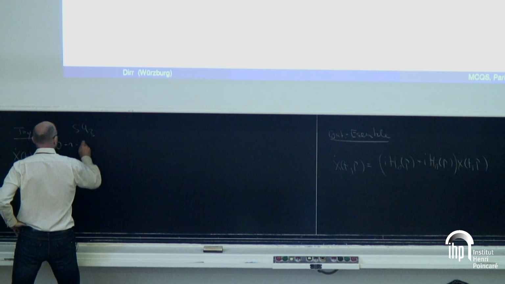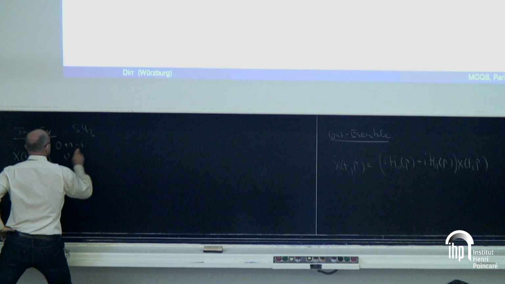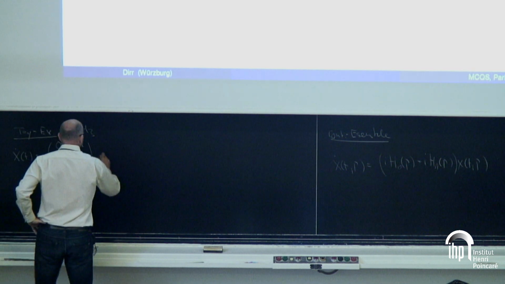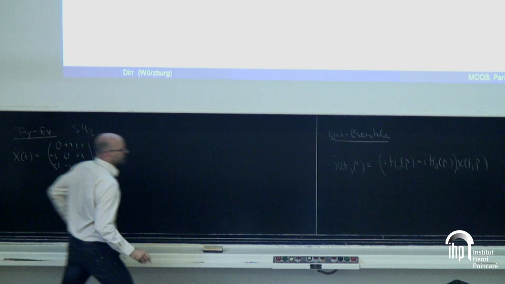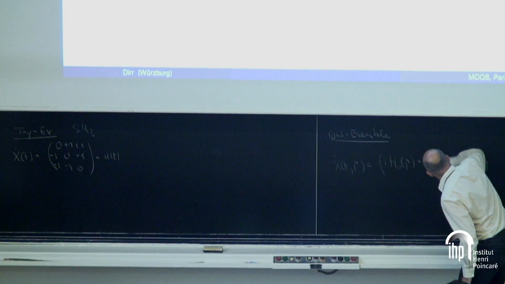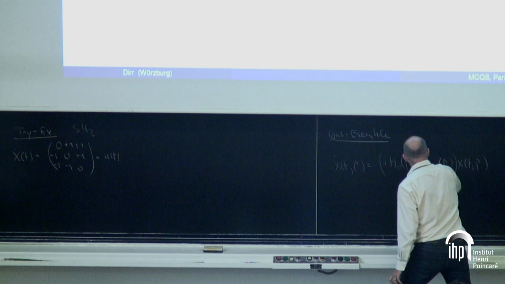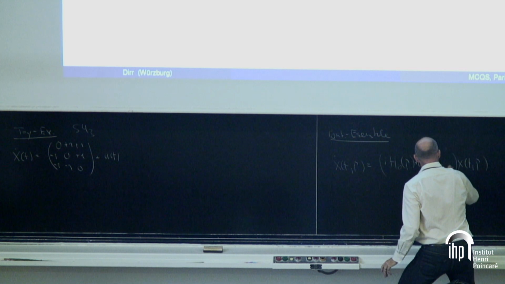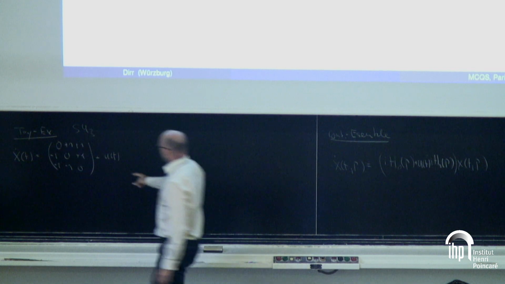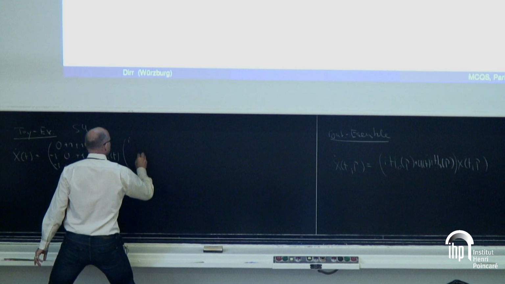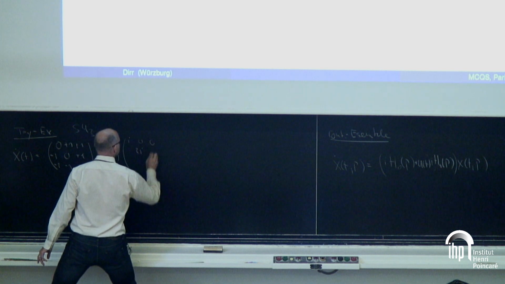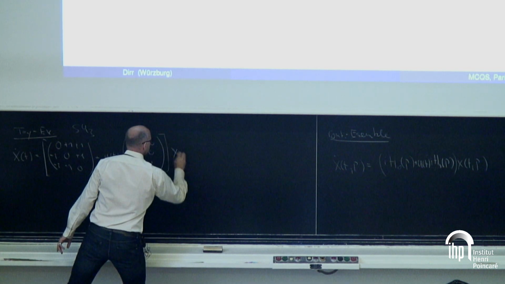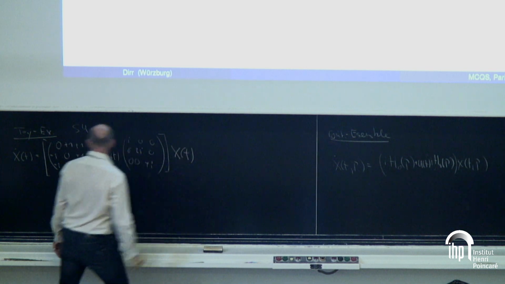It's simply x dot of t is equal to the matrix with zeros on the diagonal and off-diagonal entries minus 1, minus 1, minus 1, plus 1 and minus 1, plus u of t times a control of this form, i, 2i, 4i, and all zeros elsewhere, times x of t.